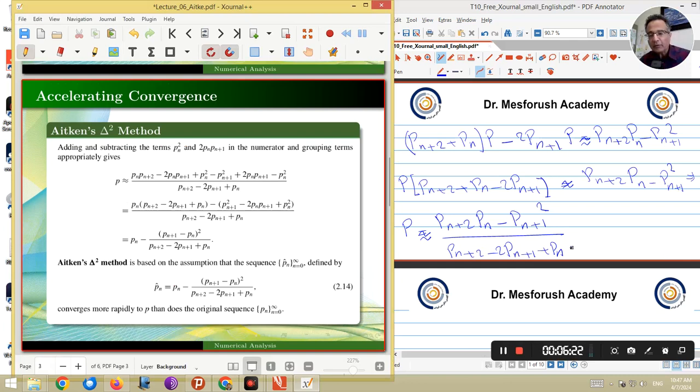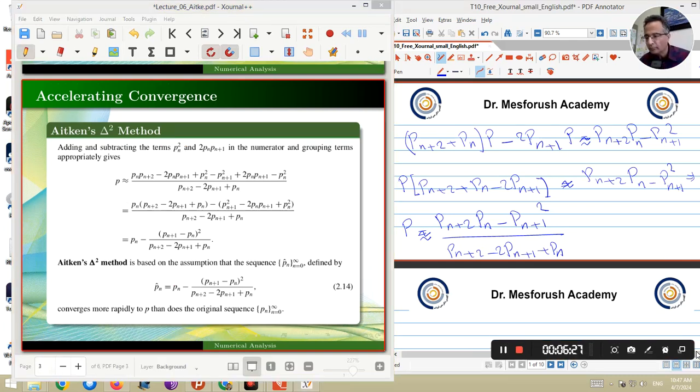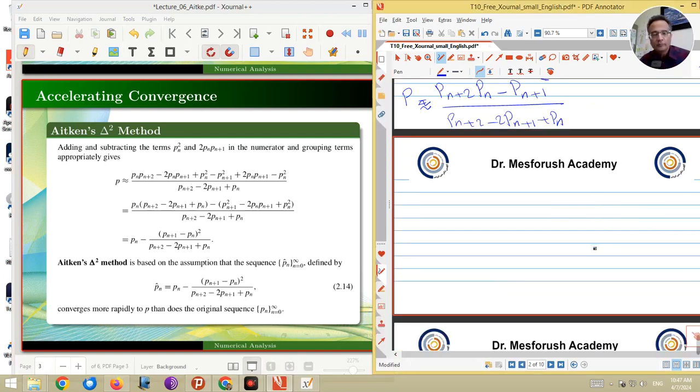Now, in this part, you add and subtract two terms, Pn squared and 2Pn+1 in the denominator. So we will get P is almost equal to Pn. It's written here, in fact.